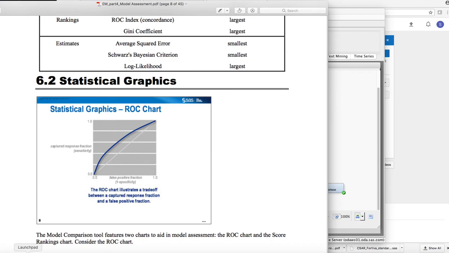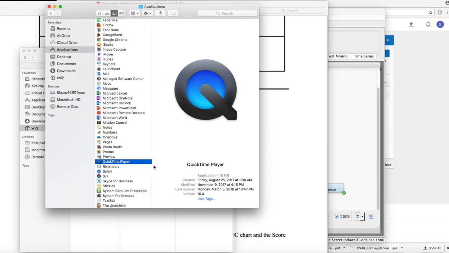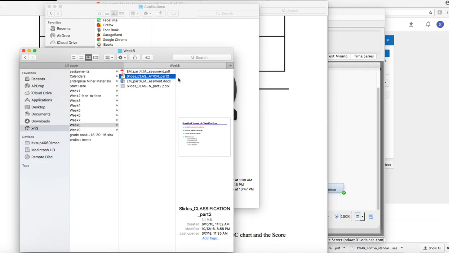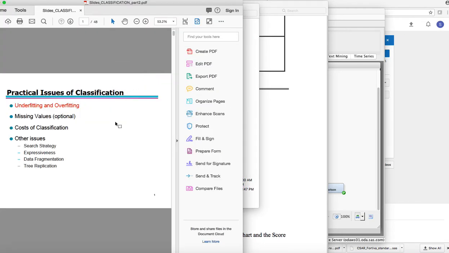look at the details in 6.2, and also go to my notes in week 8, inside the slides I provided in week 8.